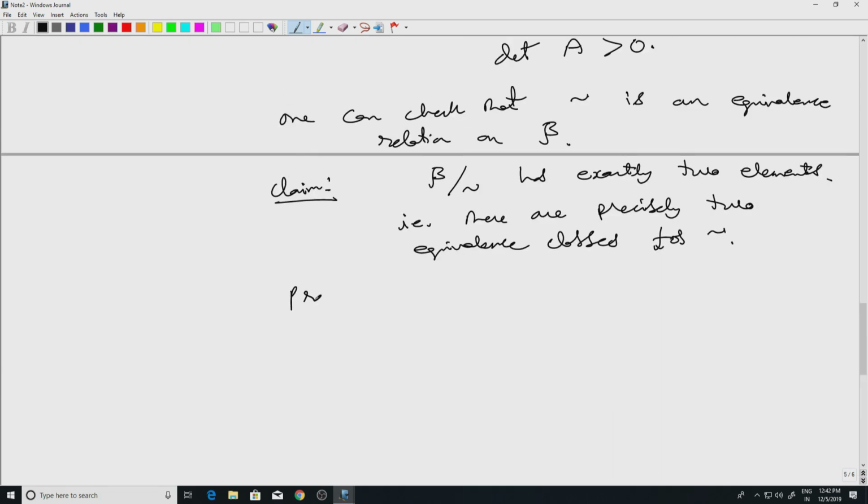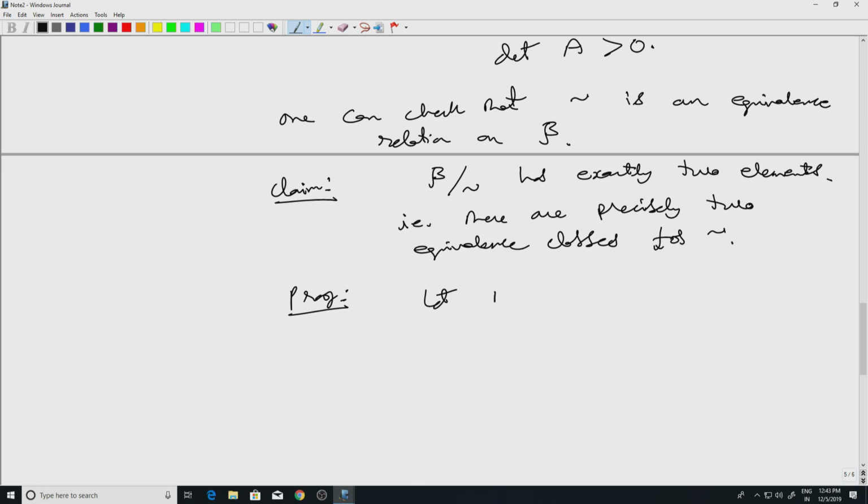And the proof is very short. To say that there are precisely two equivalence classes, all I have to do is come up with two bases such that any other basis is equivalent to one of these two. And of course, these two should not be equivalent to each other. So let me start with any basis.